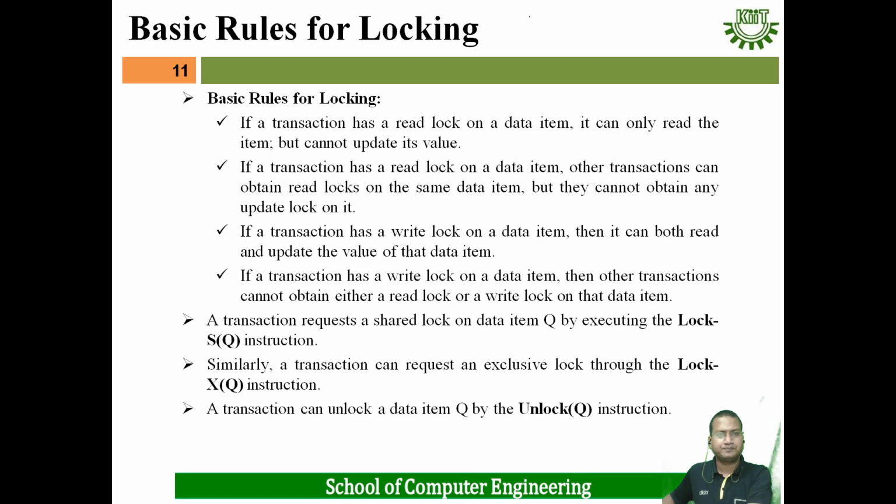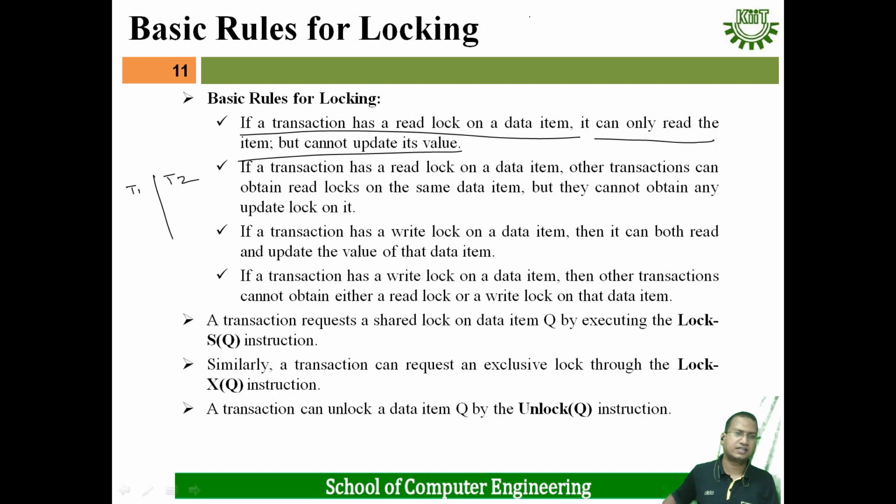Now we'll see the basic rules for locking. If a transaction has a read lock on a data item, it can only read the item but cannot update its value. Okay, suppose T1 and T2, two transactions are there, with read A and write A, and A is a common data item used by T1 and T2.